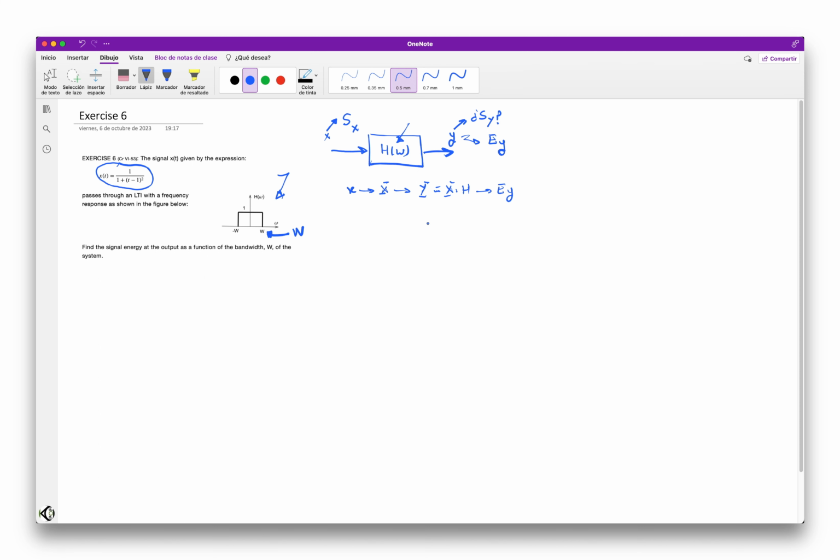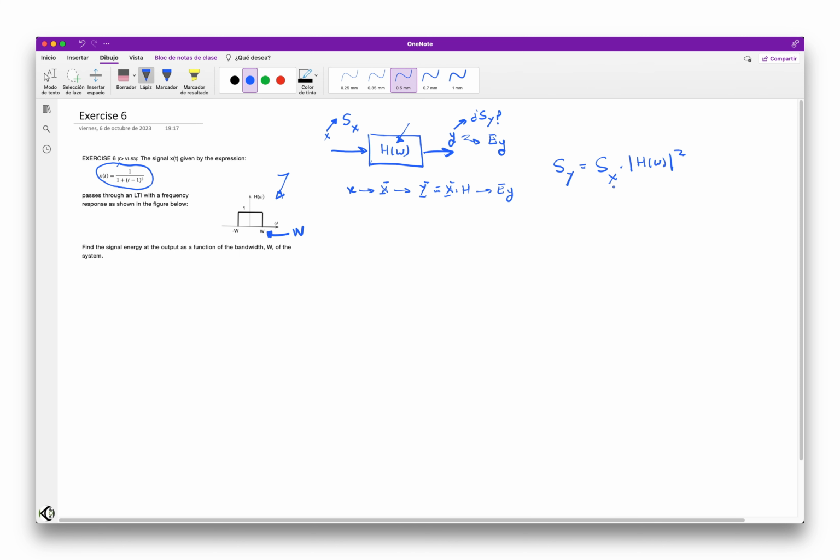Well, this is a well-known relationship that you should commit to memory: the energy spectral density of the output is the energy spectral density of the input times the modulus of the frequency response squared. So that's a very, very important relationship.